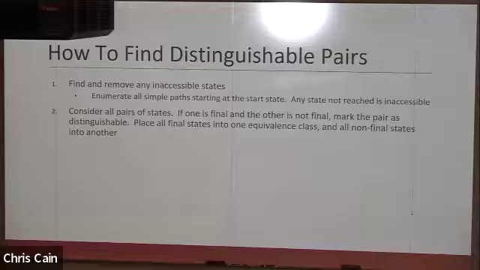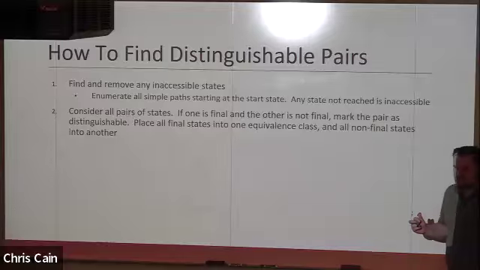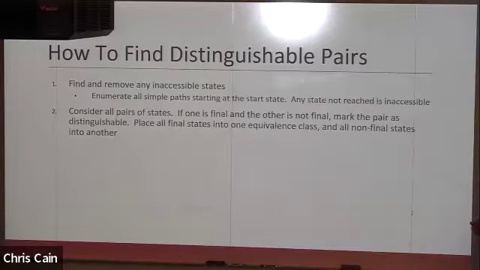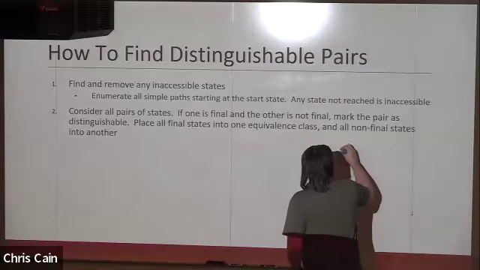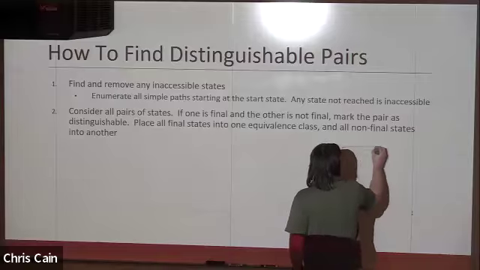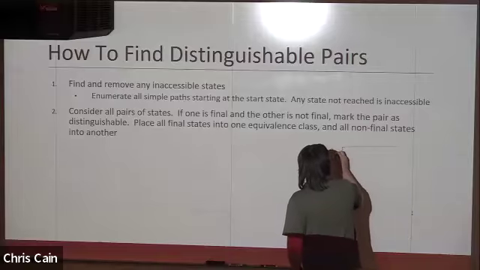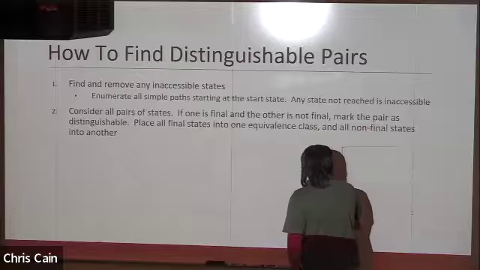So we're going to consider pairs of states. If we were drawing this out in some capacity, you can imagine this as a diagonal table, is the way that I'm going to write it. So we would have something like, if we had Q0, Q1, Q2, and Q3.